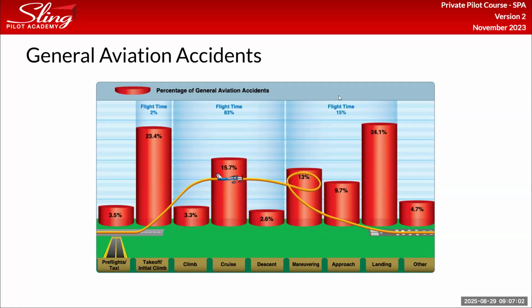What we're going to get into after this, because we've already talked about what we can do to mitigate risk in the air, is all that you need to be doing to mitigate risk before you even get in the plane, which is the biggest takeaway from aeronautical decision making. You need to be able to make a decision before you get in the plane that mitigates as much risk as possible.